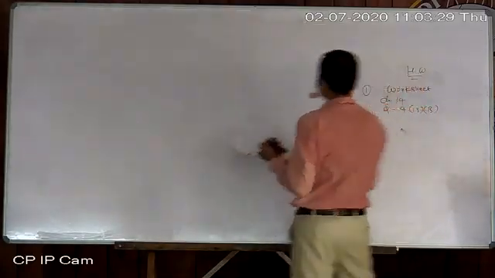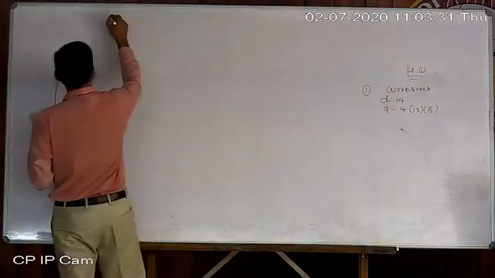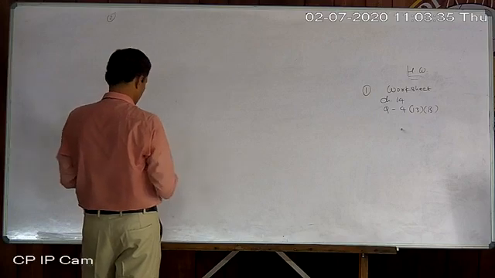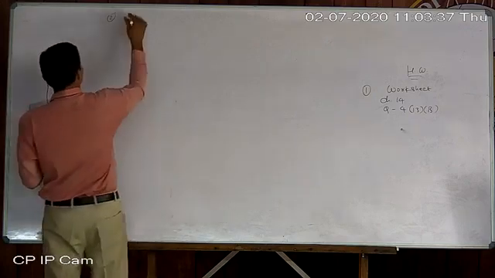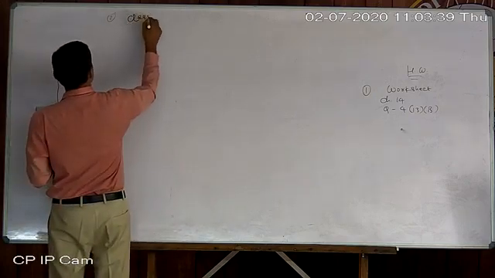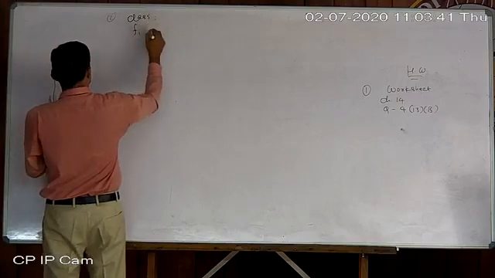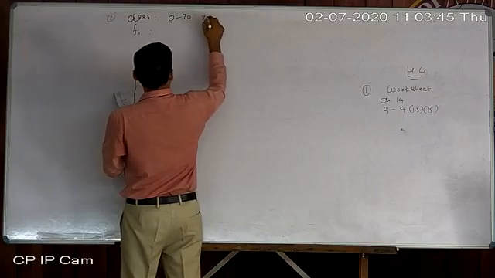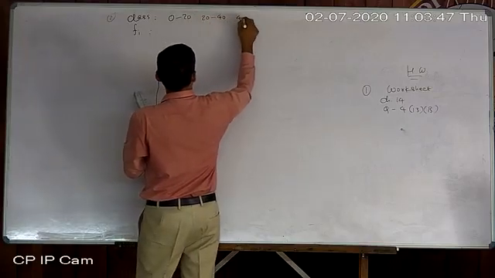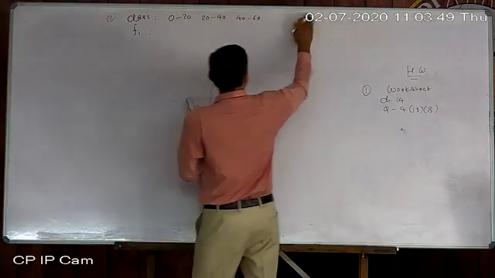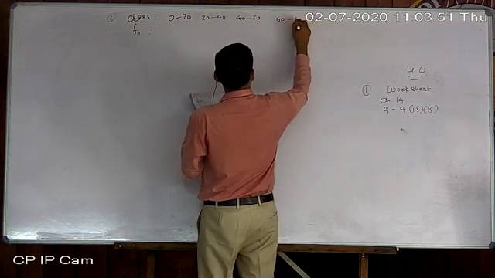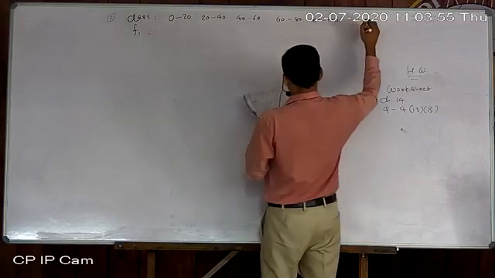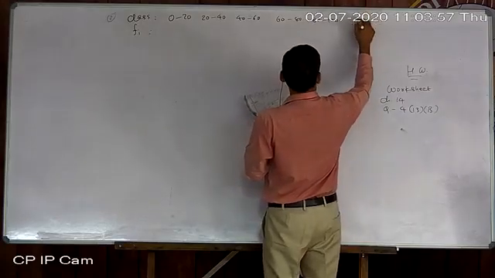Okay, so second sum. Class and frequency. Classes are 0 to 20, 20 to 40, 40 to 60, 60 to 80, 80 to 100, and 100 to 120.